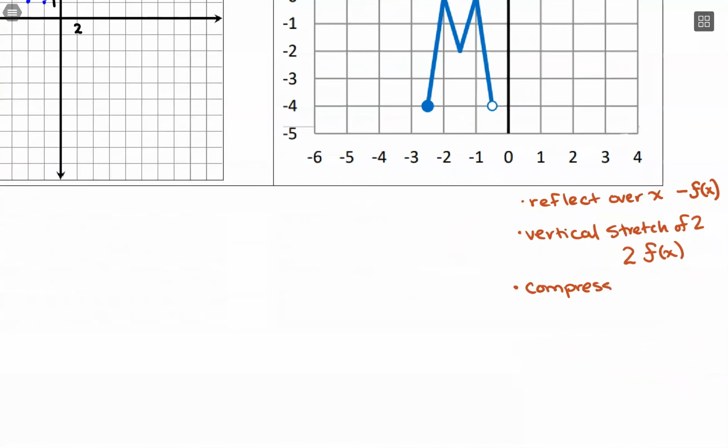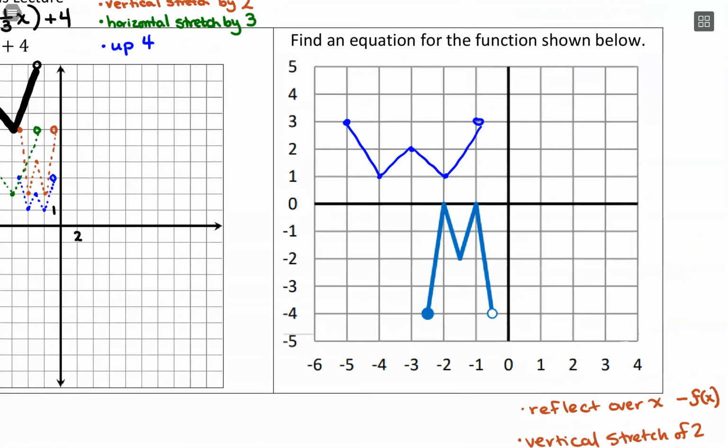Compress horizontally by 2, or like 1/2. We're shrinking it by 1/2. So what that would look like is multiplying inside the function, we'd have 2 times x, because we use the reciprocal of it. So that would make it a compression by 1/2. And with that, before we think about shifting anything, let's just do those transformations.